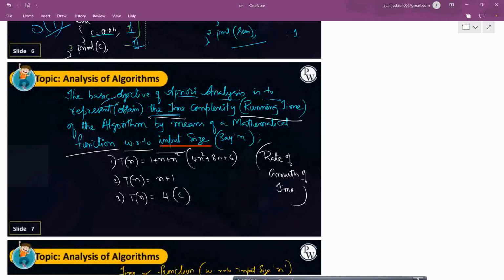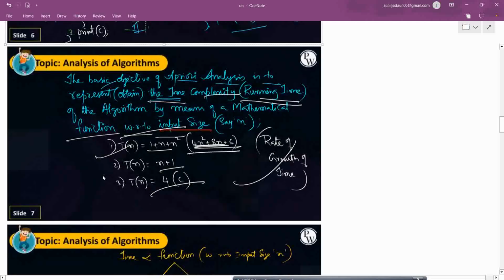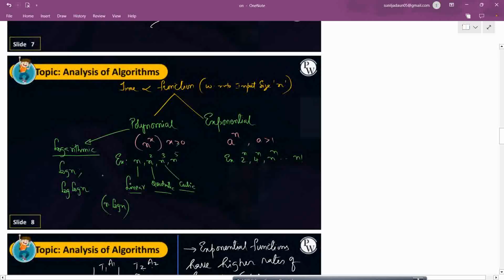For example, 1, n, n square. This is input size n, and this is the rate of growth of time. So time is directly proportional to the function with respect to input size n, right?